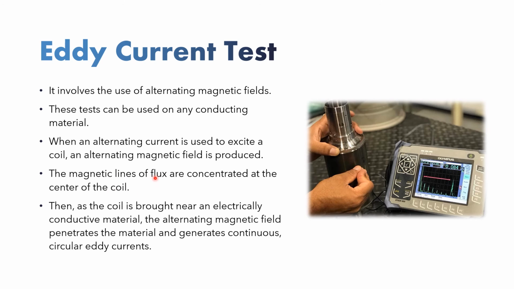Every time you have a magnetic field, we've got lines of flux, and they're going to be concentrated at the center of that coil. As the coil is brought near an electrically conductive material, the alternating magnetic field is going to penetrate the material and generate continuous and circular eddy currents, right? So that's what it does.